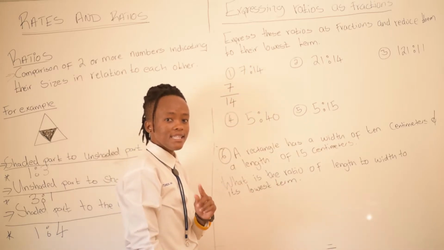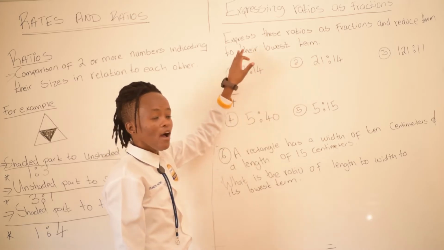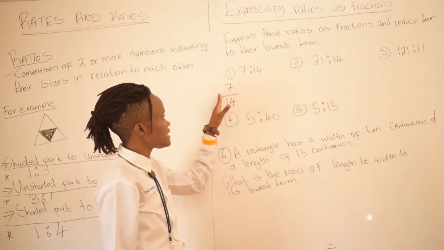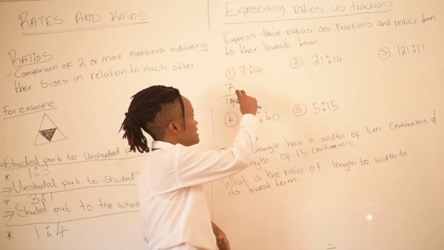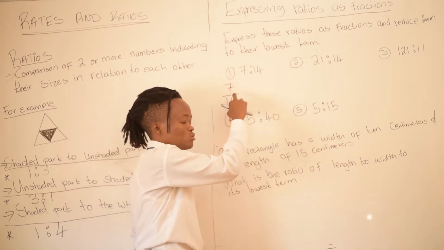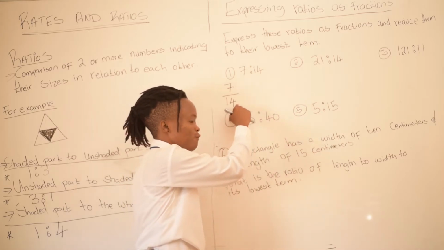And then the next thing it says is, reduce them to their lowest term. They should remain in such a way that there is no number that can get into both these numbers. So we have to find a number that can get into 7 and at the same time can get into 14.